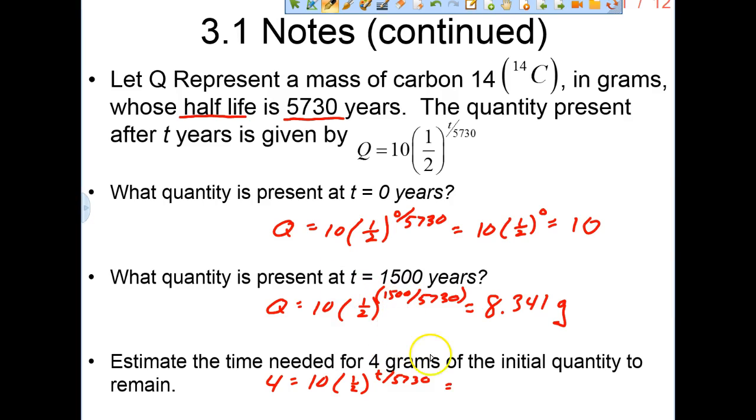So if we plug in varying values, we get that T would be about 7,500. Plugging in 7,500 gets us very close to 4 as our quantity.